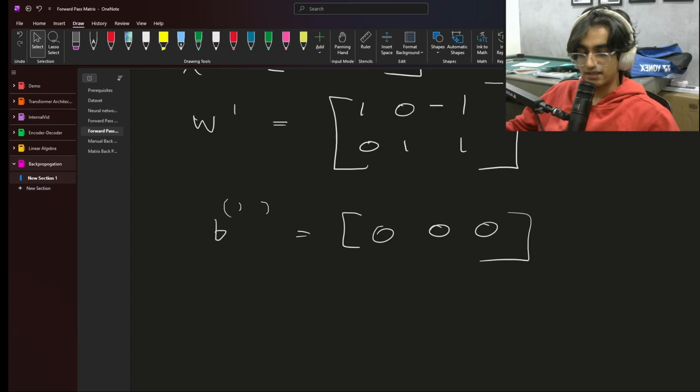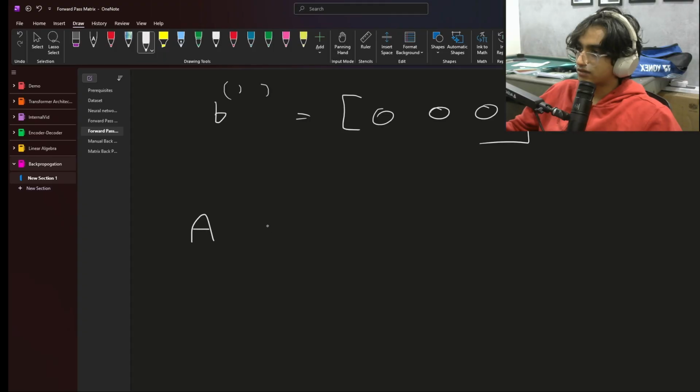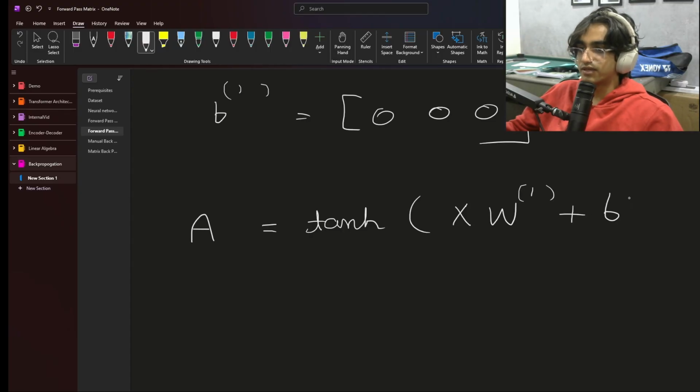Now we're going to calculate the A matrix. A is going to be tanh of XW1 plus B1. So this is where matrix multiplication comes in.